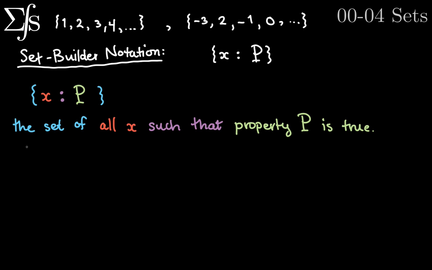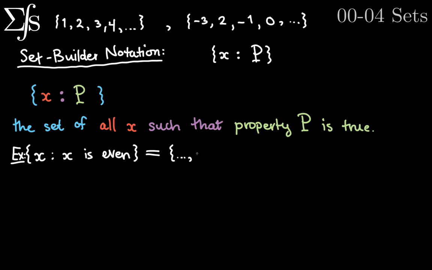So let's look at a simple example. Let's say the set of all x such that x is even. Okay? Well, that set is going to be equal to, I'll use these dot dot dots, but what it means is the set of all even numbers.